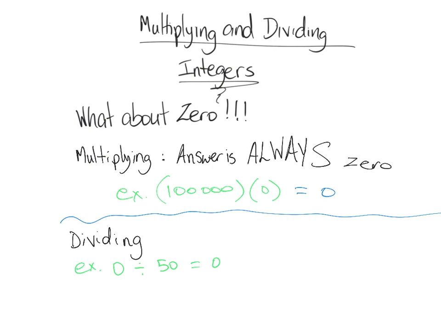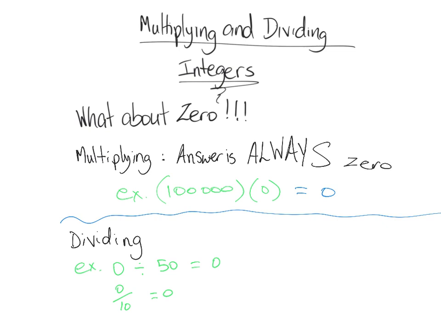So when you divide 0 by a number, the answer is 0. Another similar one, 0 over 10, the answer is 0. It's like saying I have 0 slices of cake out of the 10 slices of cake that exist. It is just 0 slices of cake.